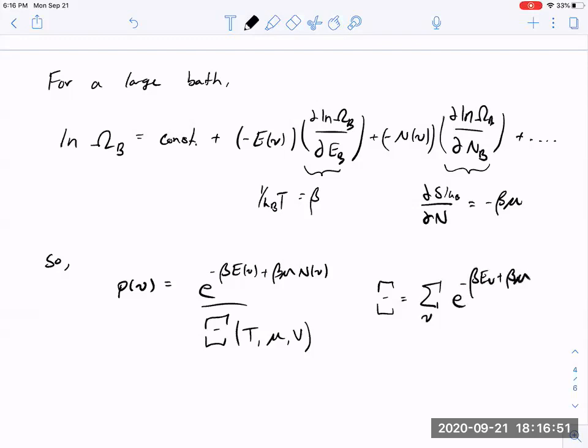In this case, beta E plus beta mu N. You can give this a fancy name. It's called the grand canonical ensemble. Heaven knows why. I think it's due to Gibbs.